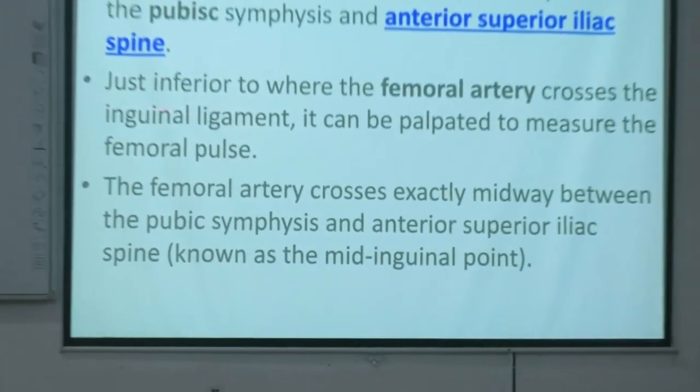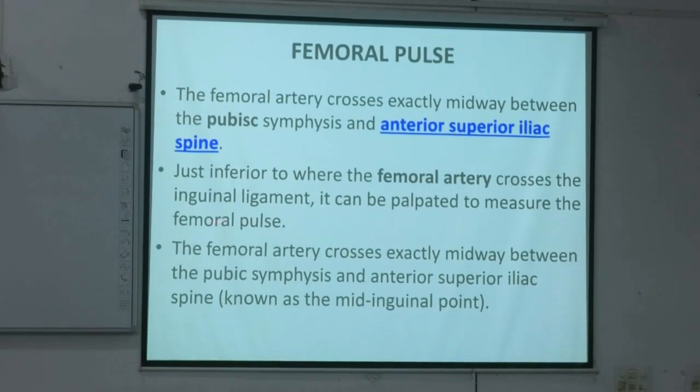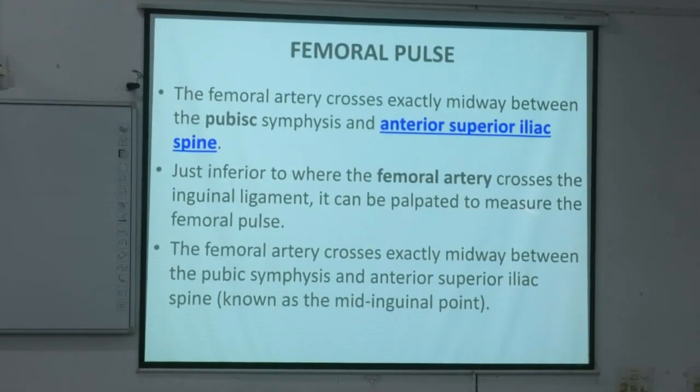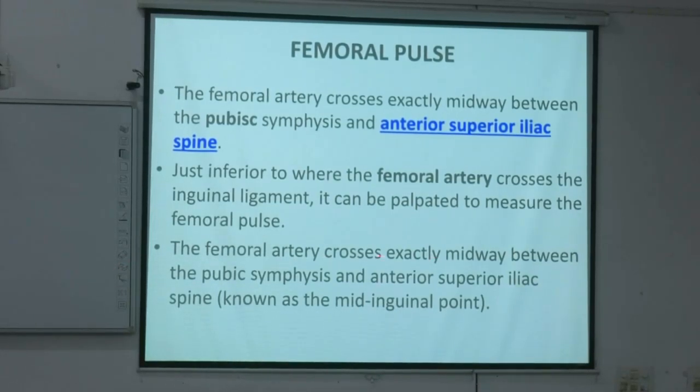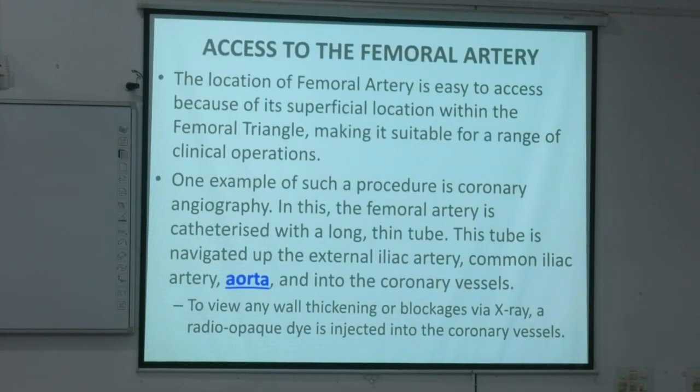The femoral artery crosses exactly midway between the pubic symphysis and anterior superior iliac spine. Just inferior to where the femoral artery crosses the inguinal ligament, it can be palpated to measure the femoral pulse. This position is known as the mid-inguinal point.